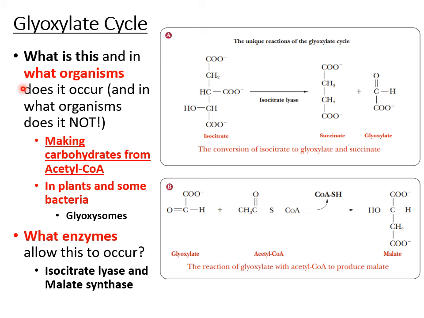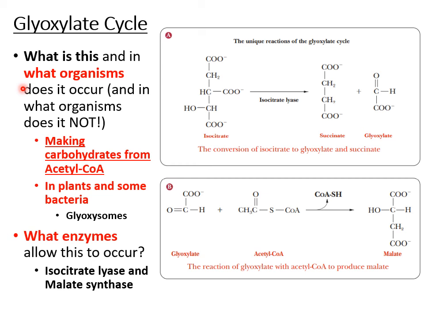Animals can convert carbohydrates to fats, but they cannot convert fats to carbohydrates. And acetyl-CoA, that pathway is considered the catabolic reaction of fatty acids. So animals cannot do this. So circle, star, highlight the fact that we can't, because we are animals. We cannot do the glyoxylate cycle that only plants and some bacteria will.